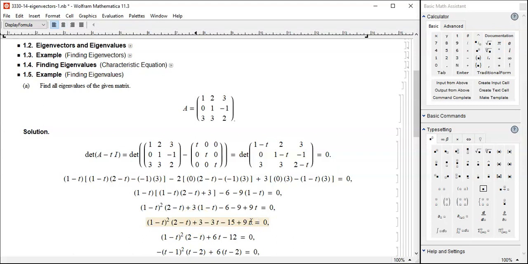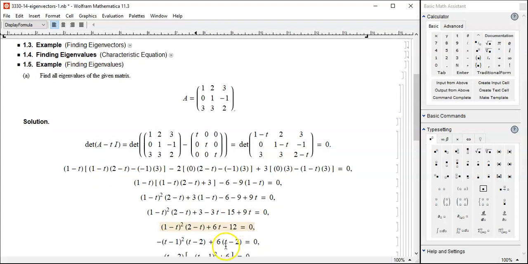You end up with 6t minus 12, which is 6 times t minus 2. You see, if you had completely broken this part off, then refactoring would have been a bit harder. You may have to break everything off later on, depending upon the problem, but most of the time, break it off only when it is necessary.